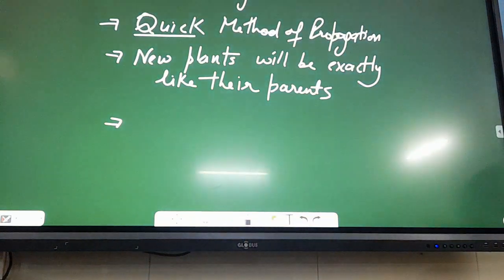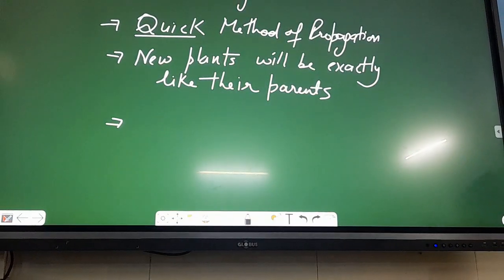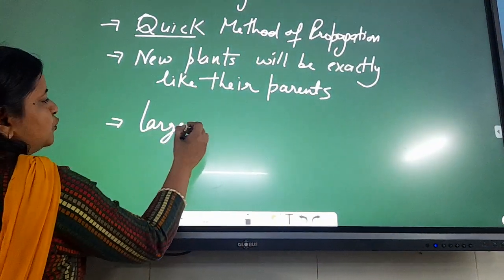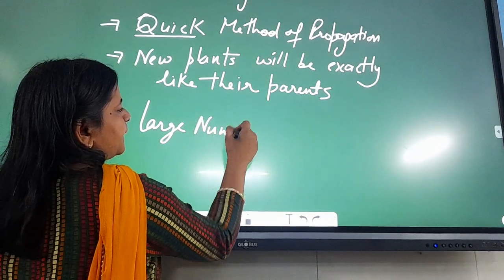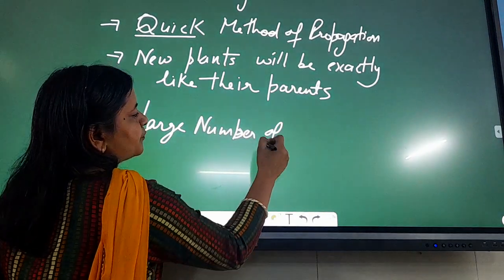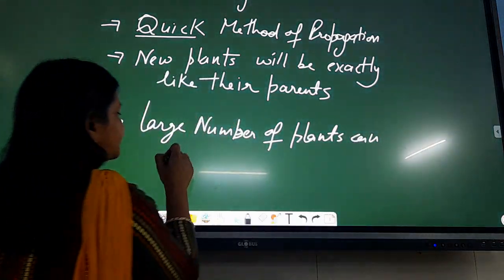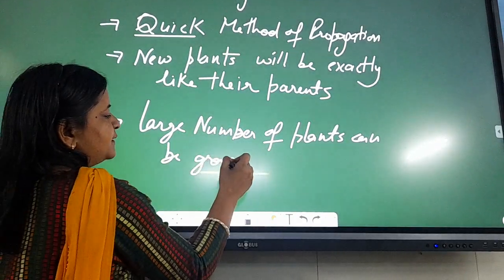So you can get the same plant as you want. Third one is a large number of plants you can grow. A large number of plants can be grown at a single time.